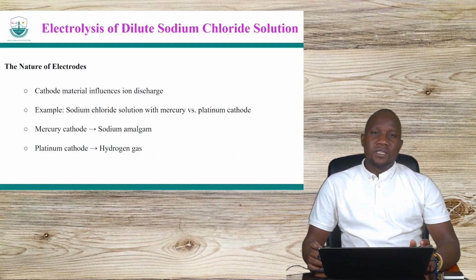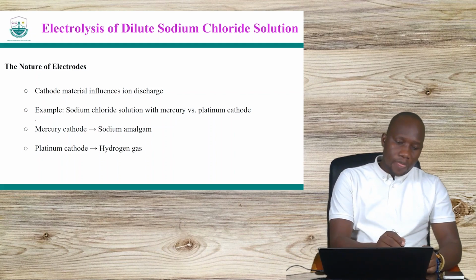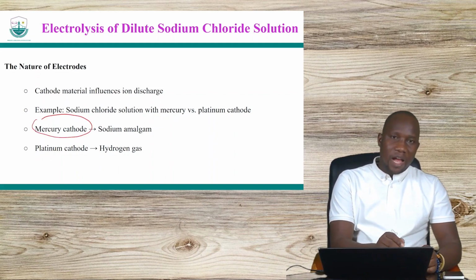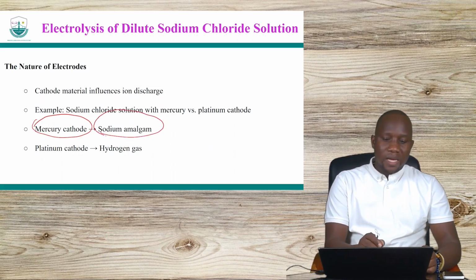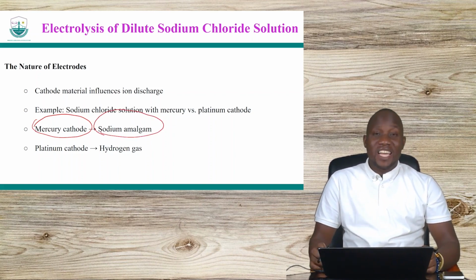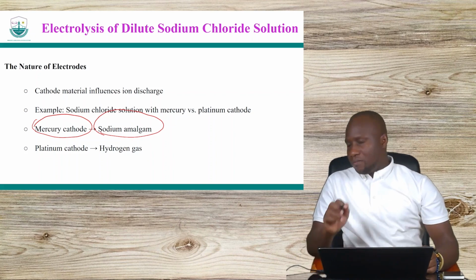But the products of this electrolysis would also depend on the nature of the electrodes being used. If you use mercury as a cathode, you'll get what you call sodium amalgam at the cathode.